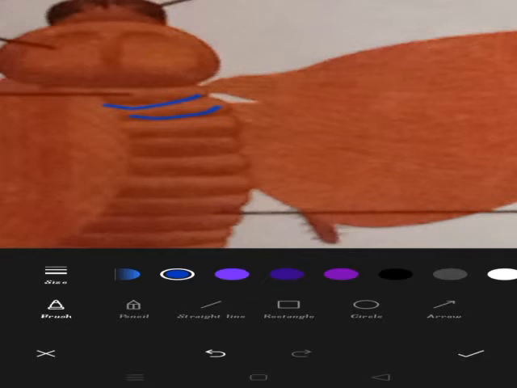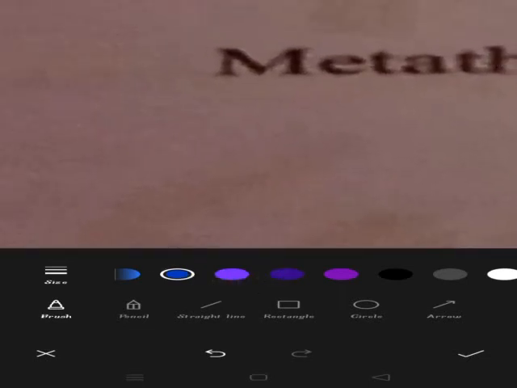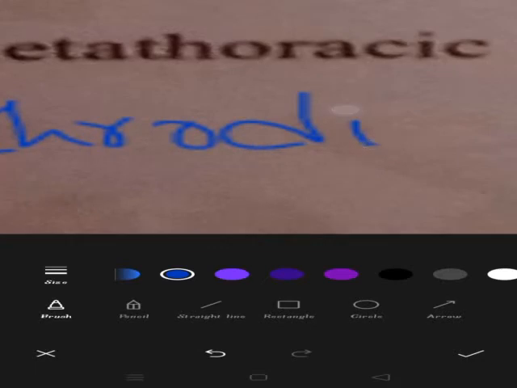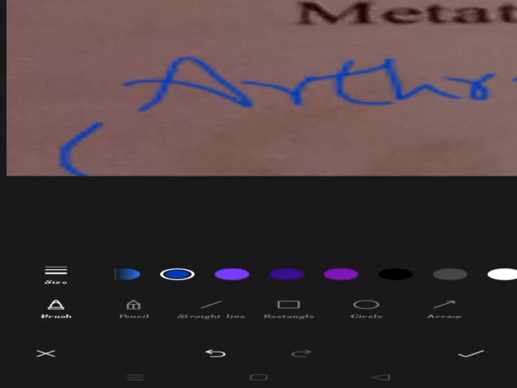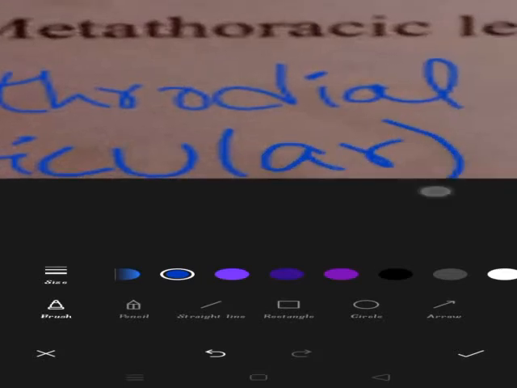The layer is called the arthrodial membrane, and the arthrodial membrane is also called the articular membrane.